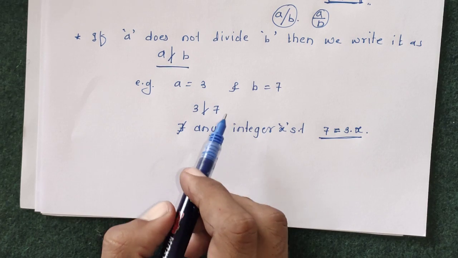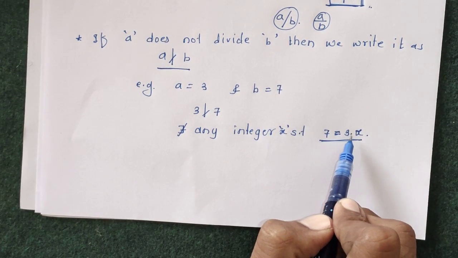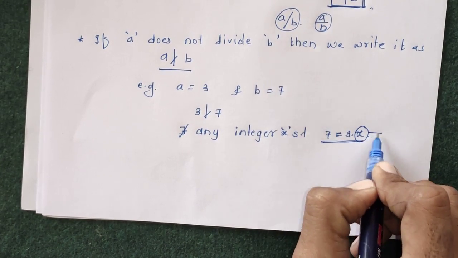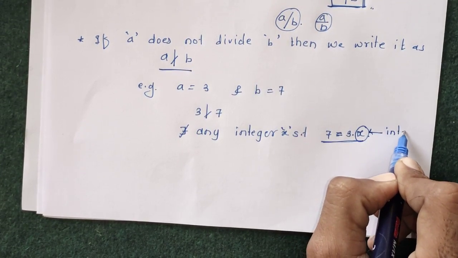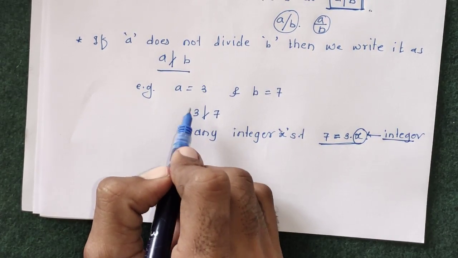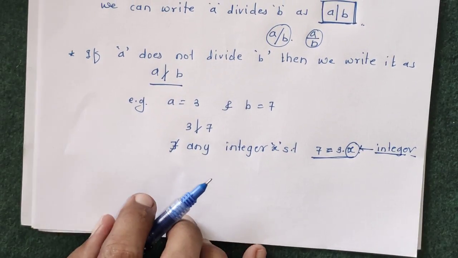For 3 and 7, 7 cannot be written in the form of 3 into some integer. This number must be an integer. If there does not exist any integer, then we say that a does not divide b. Okay.